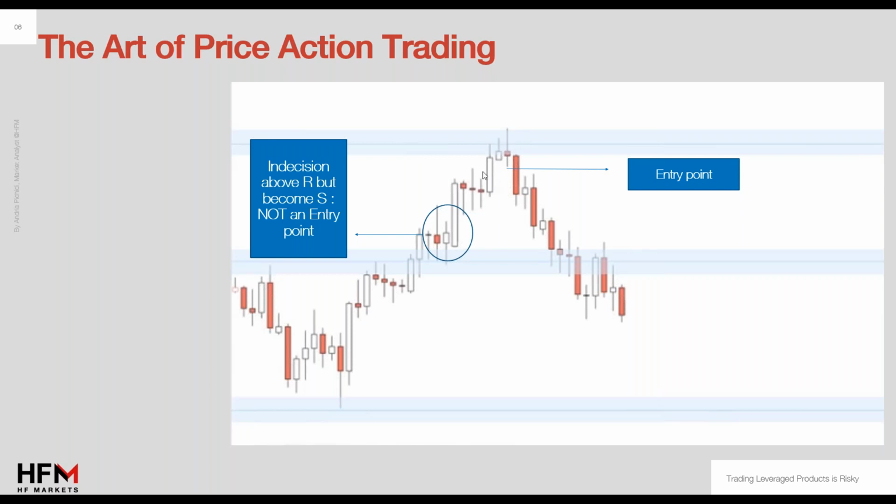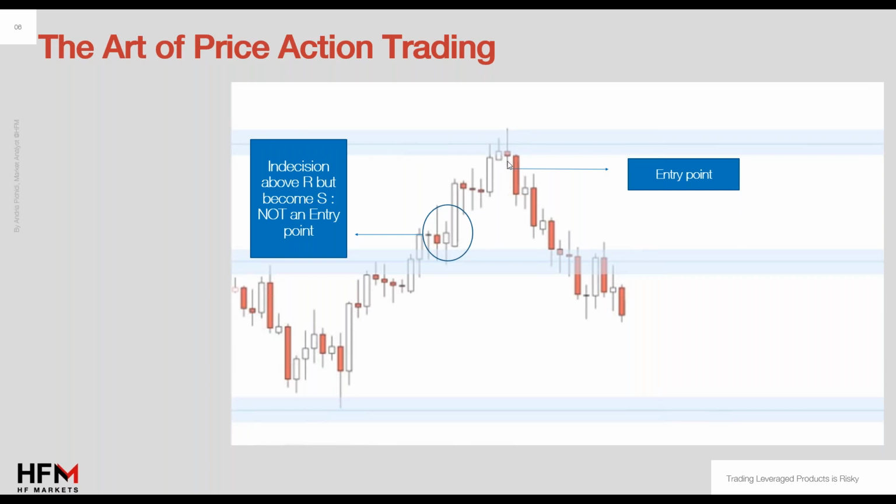Even if you missed all that, we have over here another pattern, a bearish one: doji, doji, indecision on the resistance, which is pretty much calling for taking a contrarian view to the downside, or setting a pending order as soon as the asset moves below this latest swing low, this support level.